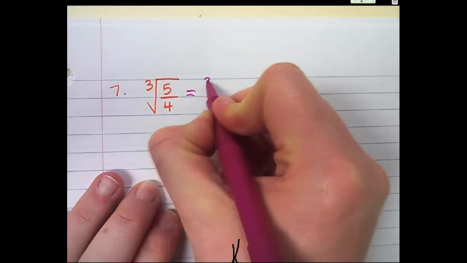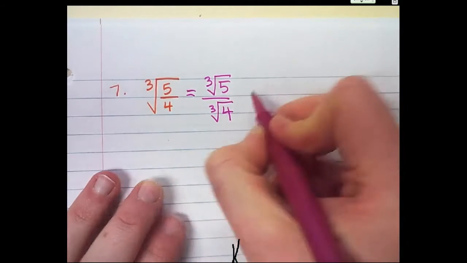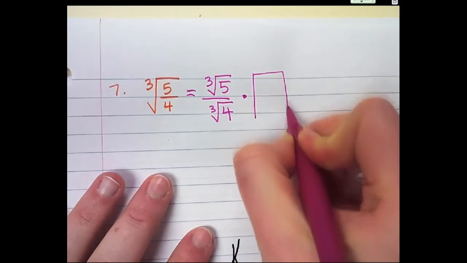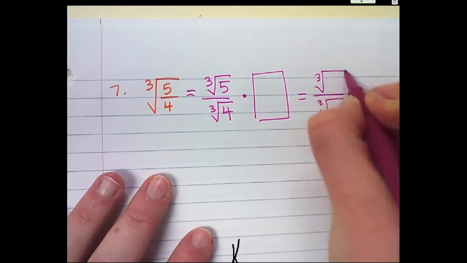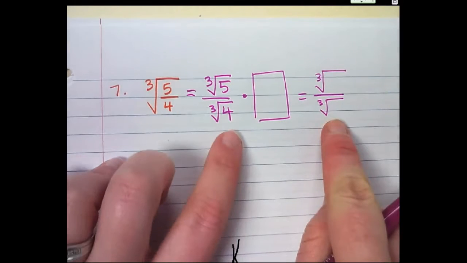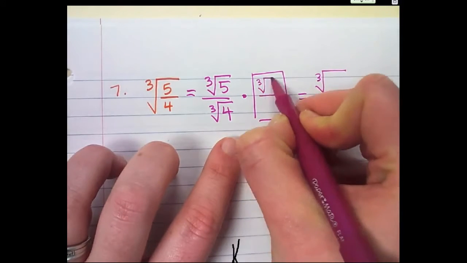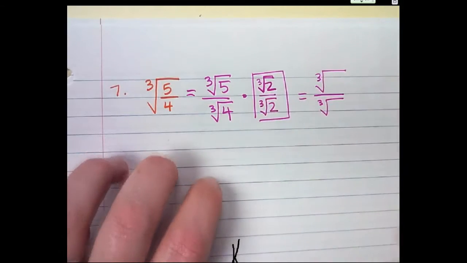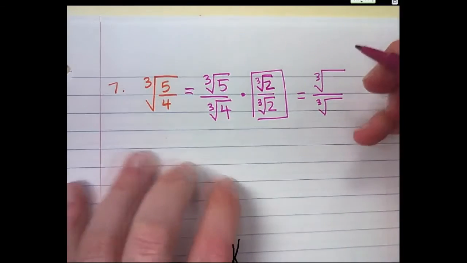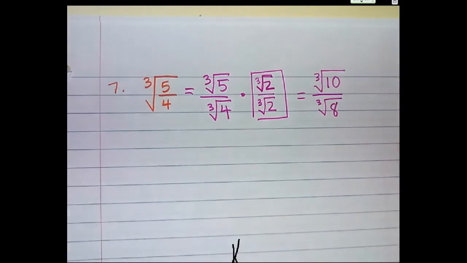So I need to multiply something by this 4 to get myself a perfect cube. 2, right, because 2 would give us 8, which is a perfect cube. So I multiply by cube root of 2 over cube root of 2. So I get cube root of 10 on top and cube root of 8 on bottom.